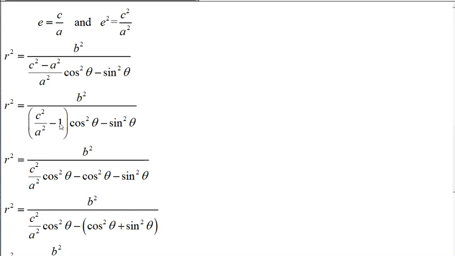Multiply this out, we get c squared over a squared times cosine squared theta minus 1 times cosine squared theta.